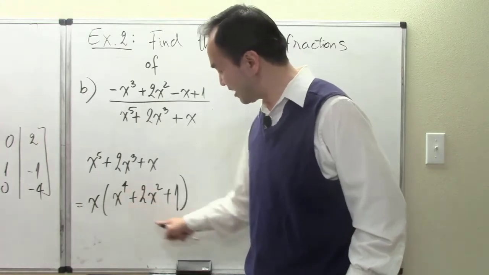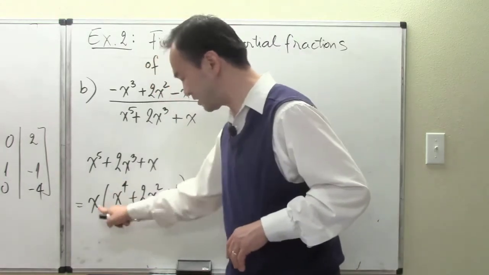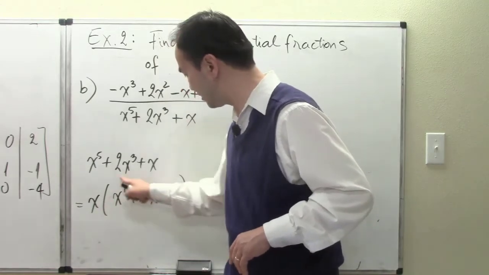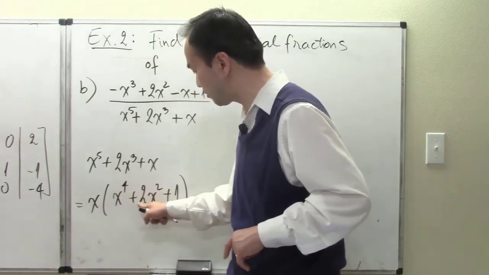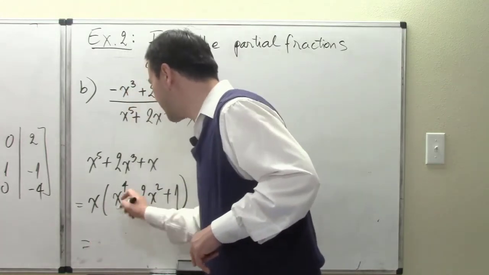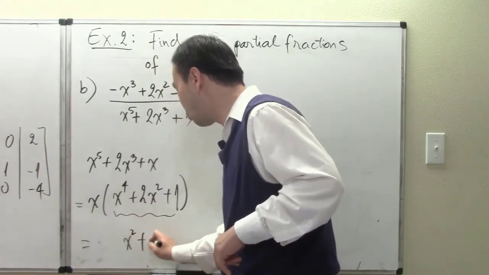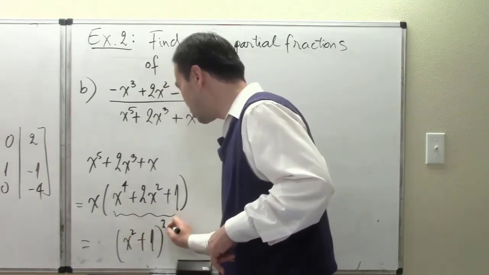So here it makes sense that we have to factor further, and this is the part where you can go ahead and review your algebra. I see this x to the 4th plus 2x squared plus 1 as x squared plus 1, squared, a perfect square.